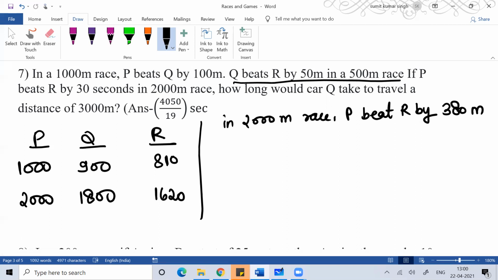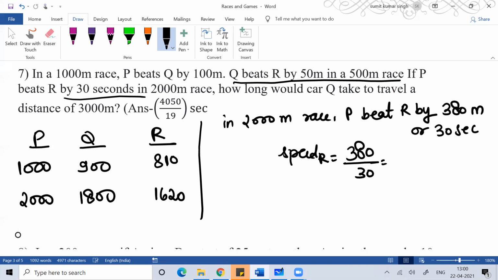It is given that P beat R by 30 seconds in the 2000-meter race. This way you can find the speed of R. The speed of R will be 380 by 30, means 38 by 3 meter per second.